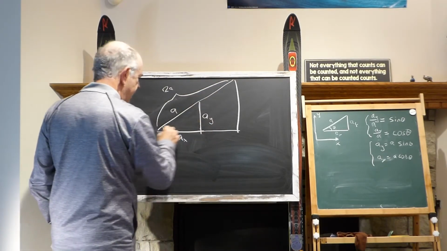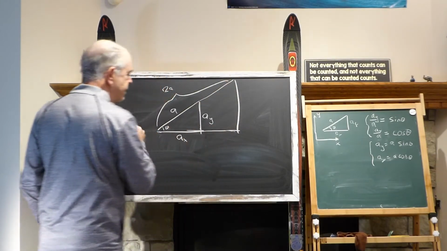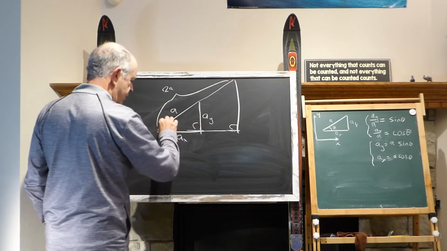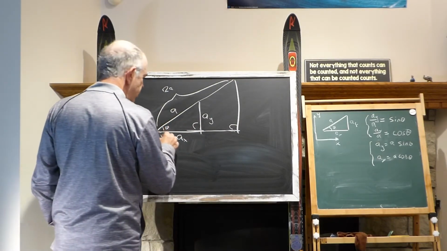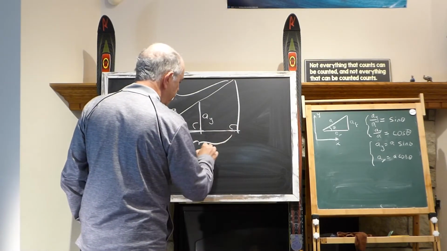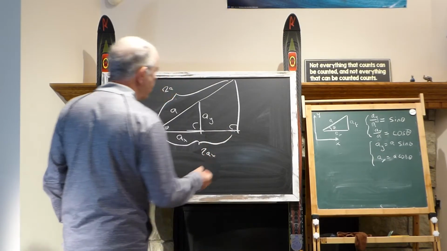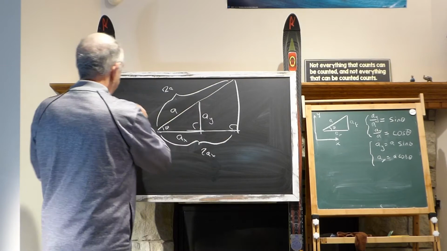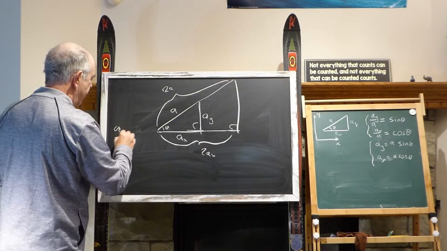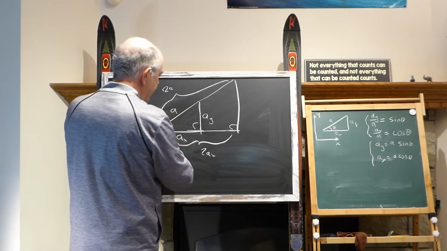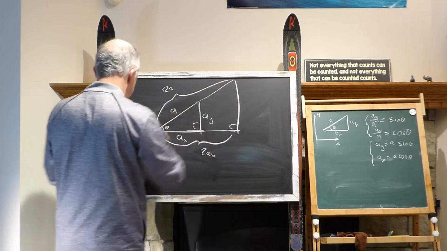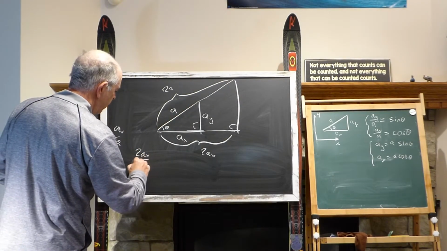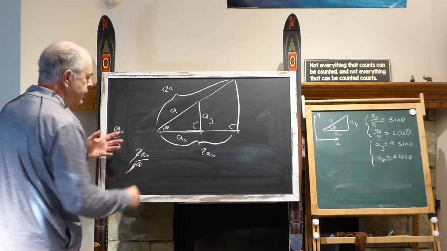But this triangle and this triangle are similar, and both of them have 90 degrees and this common angle theta, and so this will become 2AX. And so if I take the ratio of this to this, it would be AX over A. And the ratio of this to this would be 2AX over 2A, and the 2 would be gone, it would be the same ratio.